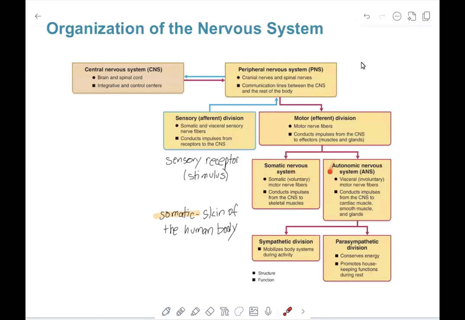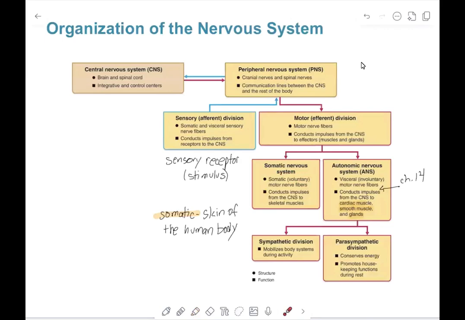Other division of the motor division is the autonomic nervous system, and this is chapter 14, which we'll cover in the next unit. The autonomic nervous system is just like what it sounds. It's automatically controlled, so it causes the cardiac muscle, smooth muscle, and glands to react.